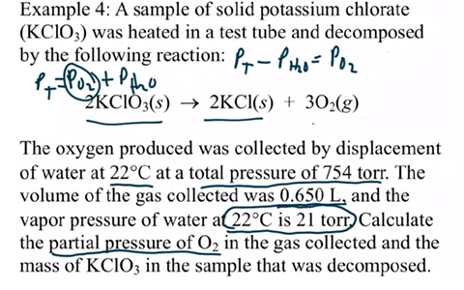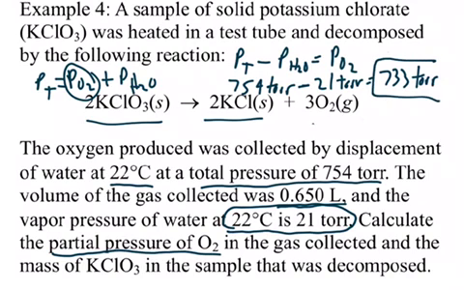Now, the good thing is that they're both in torrs. The total pressure is 754 torrs minus 21 torrs. When you subtract these two numbers, the difference will be the pressure of just the oxygen. So this is the number that we need. Okay? Now, let's continue. That's just the first part of the question.